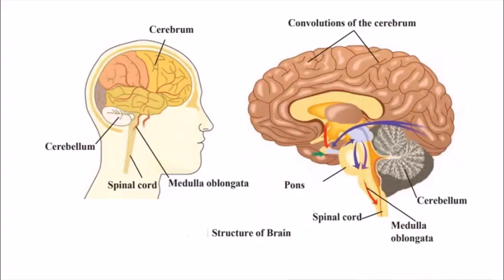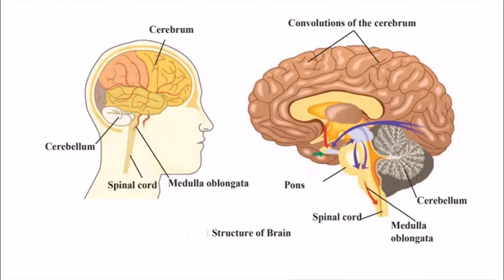Now the human brain is divided into three parts. First is the cerebrum. This is the largest part of our brain and it consists of two cerebral hemispheres, which are joined by tough fibers and nerve tracts. The cerebrum makes up two-thirds of our brain, which is why we call it the large brain.